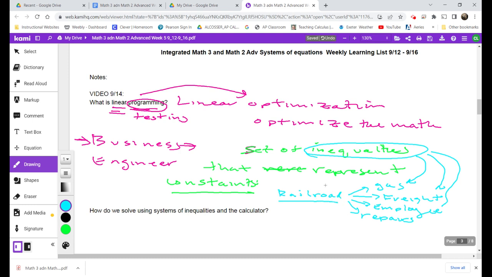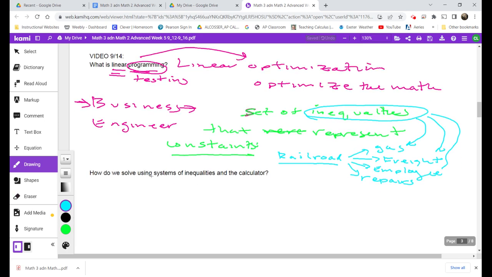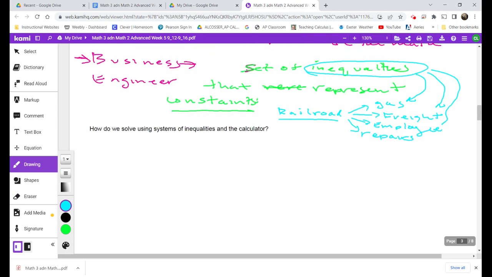So we're tying the math into actual everyday problems that are probably a little bit too big for us in general, like figuring out the gas, all those different things. But it really just is a system of inequalities that we can use the calculator for. But just remember, you can think of anything, like professional baseball teams. Constraints are just things that are limiting their profit.